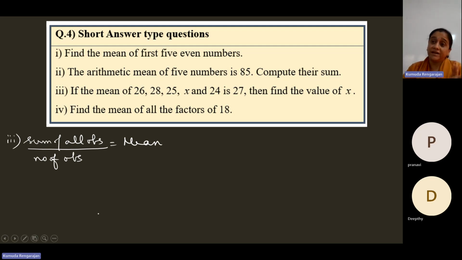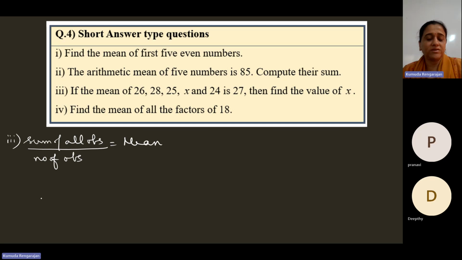When you have to find the mean, you write mean is equal to sum of all observations by number of observations. When mean is given, you write it the other way around. Sum of all observations by number of observations is equal to mean. If mean is not given, then write mean is equal to. If mean is given, write it like this.